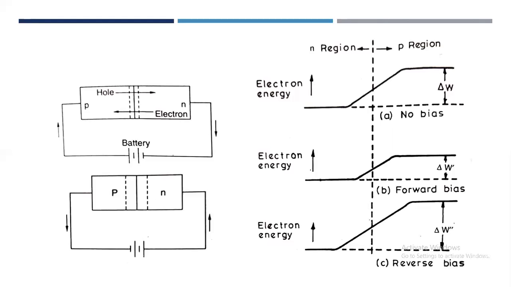The overall current voltage curve is shown in the figure here. Figure A shows that there is no biasing, figure B shows the forward bias, and figure C shows reverse bias.